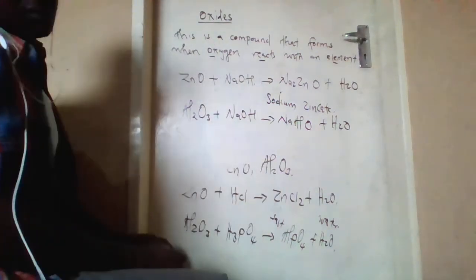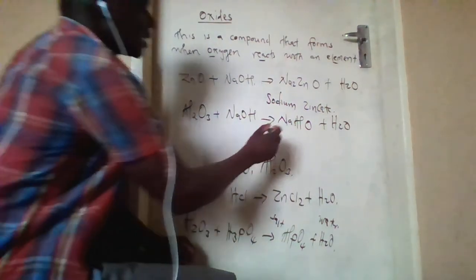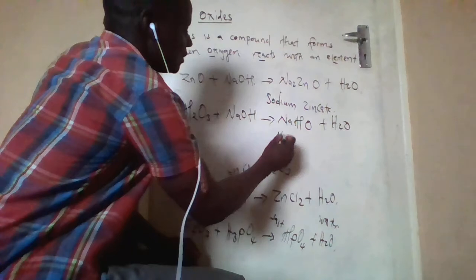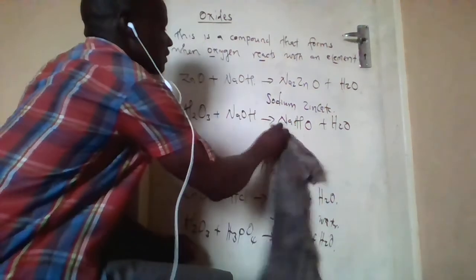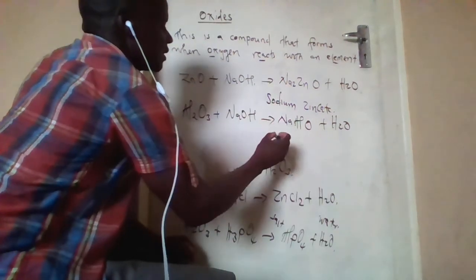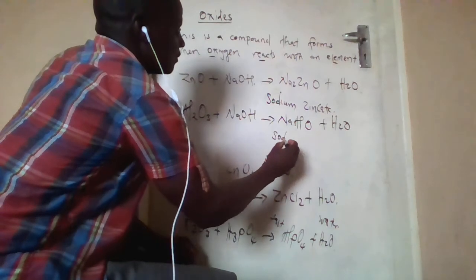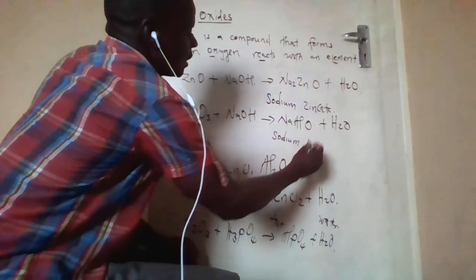Now, what is the name of this? This is also a double salt, which is sodium aluminate.